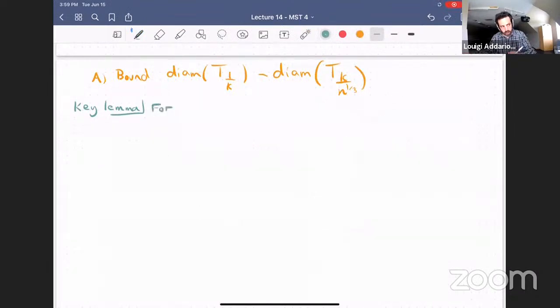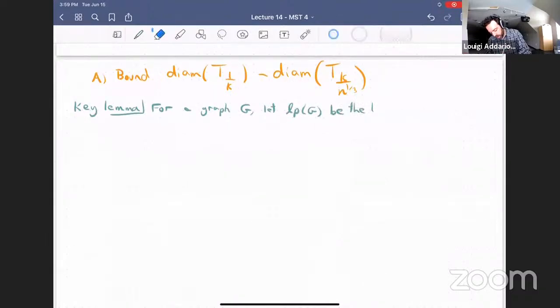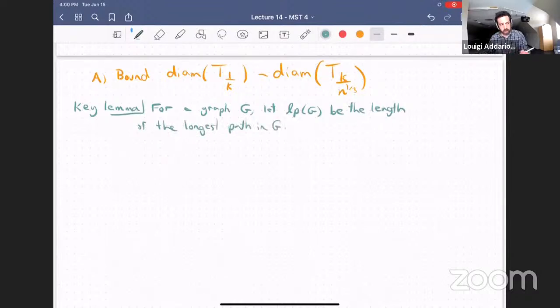Okay, so given a graph G, I'll write LP of G for the length of the longest path in G. This can be even longer than the diameter.